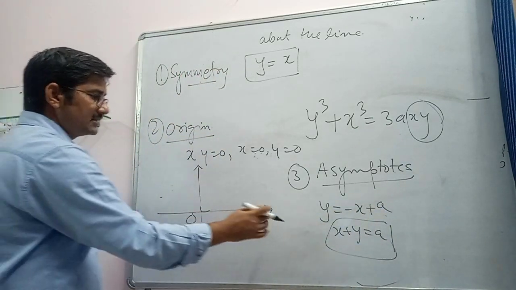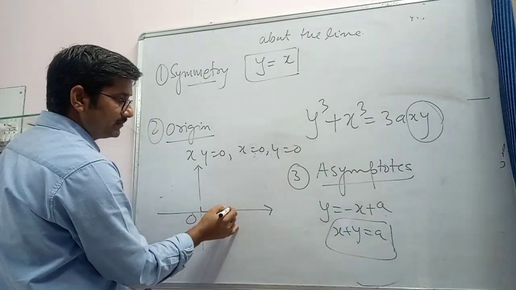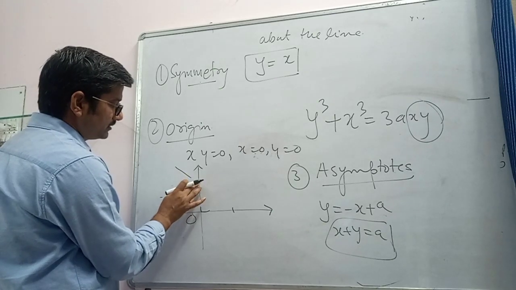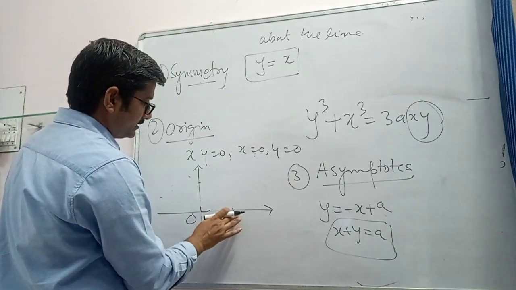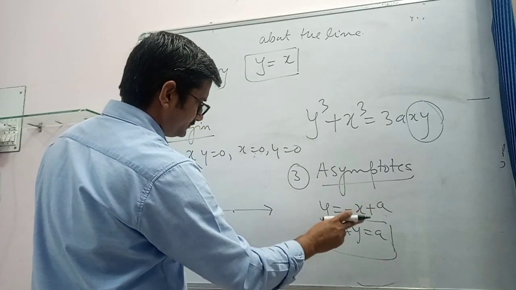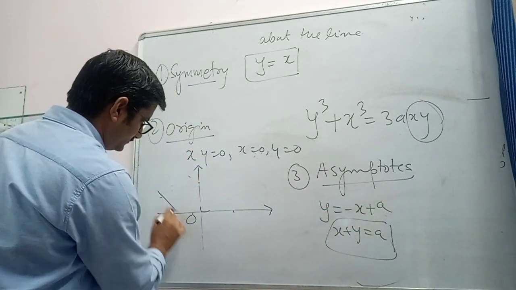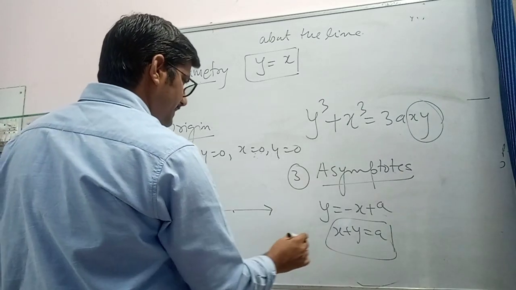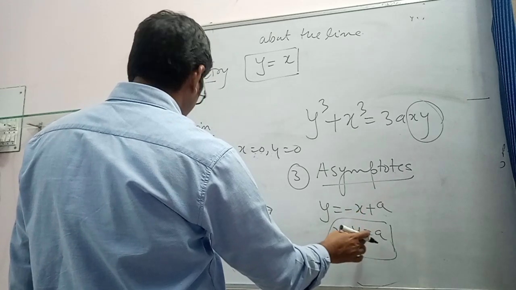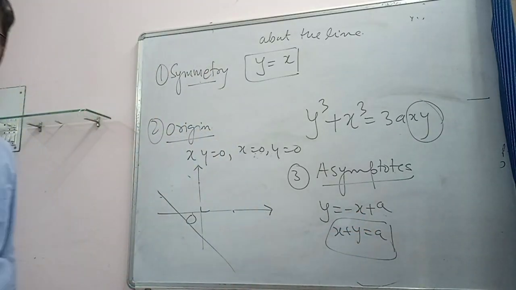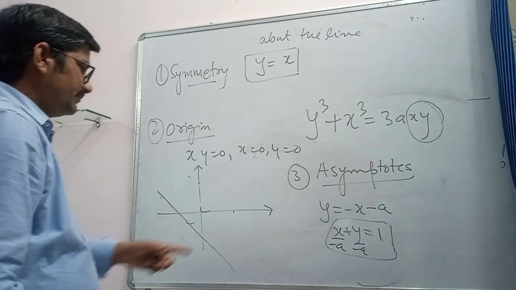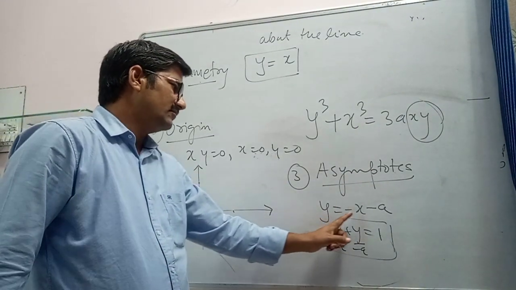If you trace this line, this can be written as x upon a plus y upon a. So the asymptote for this curve was y is equal to minus x minus a.